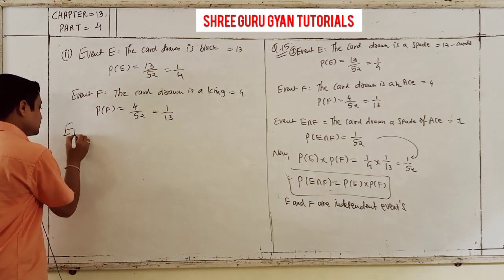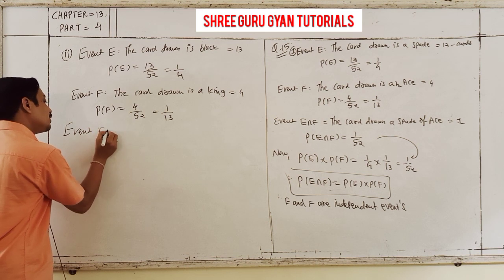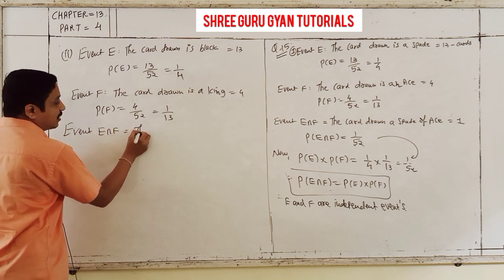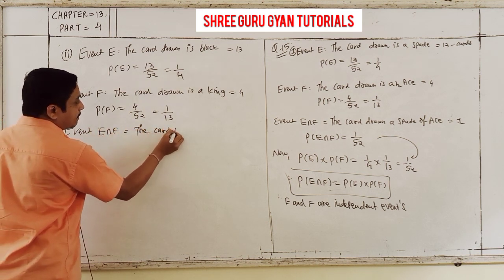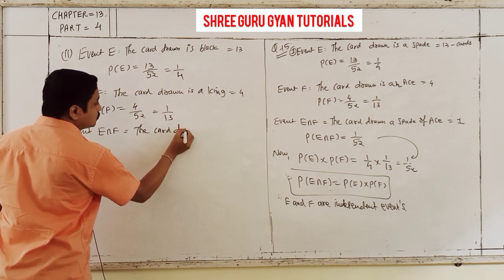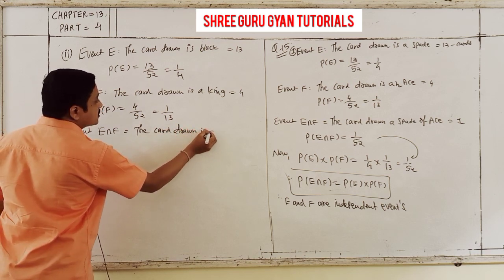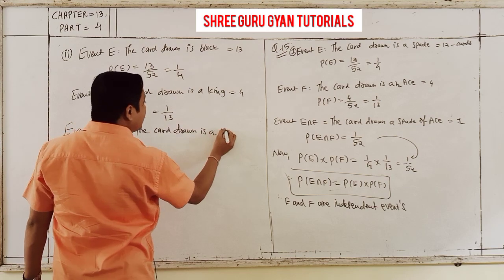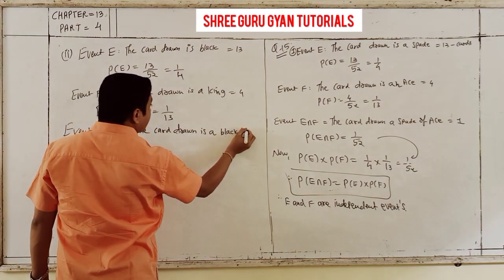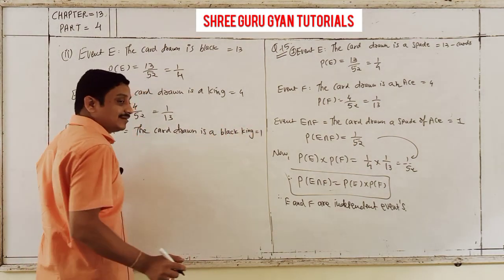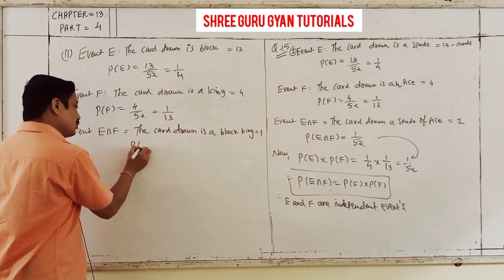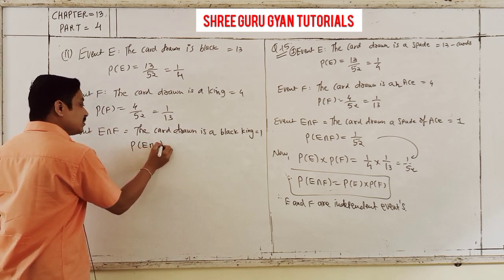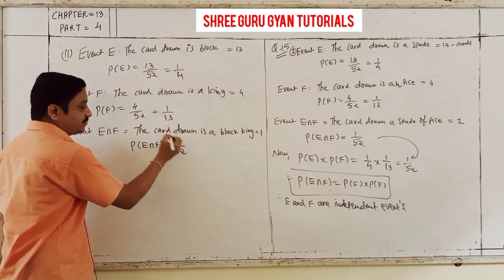So event E intersection F: the card drawn is a black king, and a black king is only 2 cards. So probability of E intersection F is 2 cards by 52.